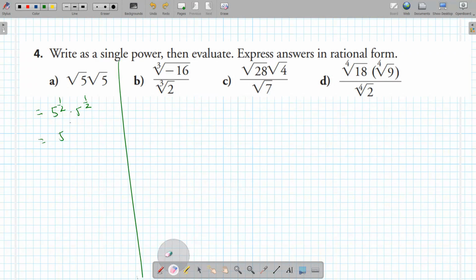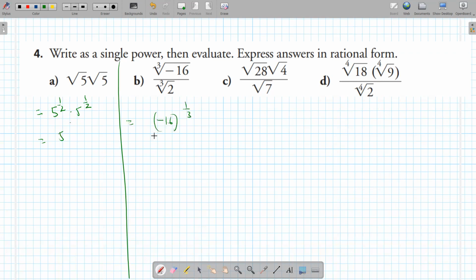What about B? What can we do here? It becomes -16 to the power of 1 over 3, and then 2 to the power of 1 over 3. Now what? You subtract.